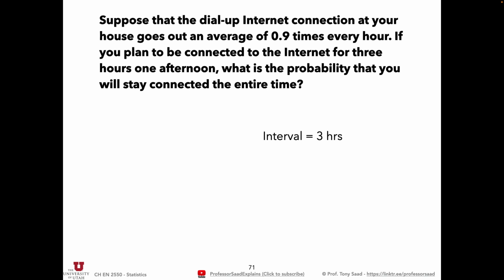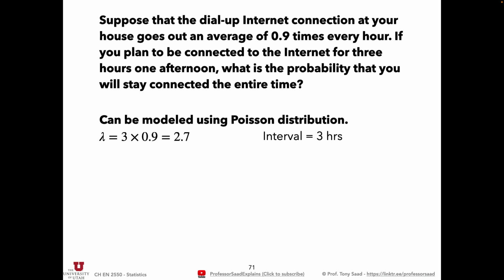We're looking for the probability at x exactly equal 0 failures. Our interval is 3 hours, so we need the lambda for those 3 hours. It fails 0.9 times every hour on average, so we multiply by 3 to get the lambda for our interval of interest. Our lambda is 3 times 0.9, which is 2.7 times in those 3 hours.